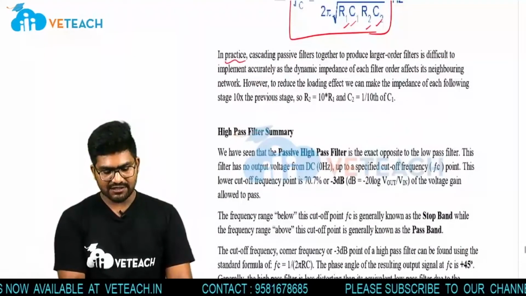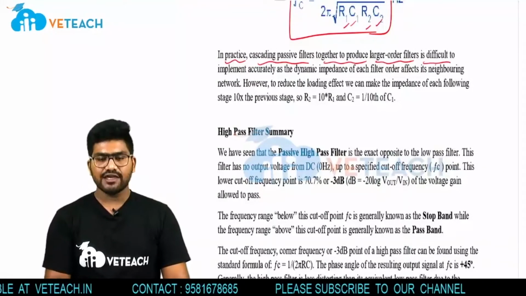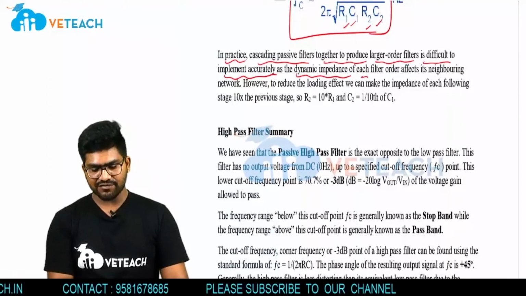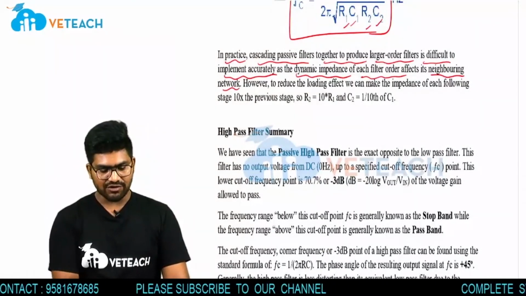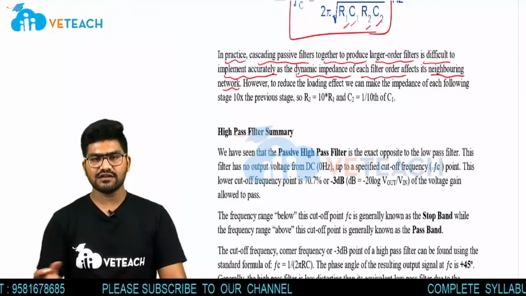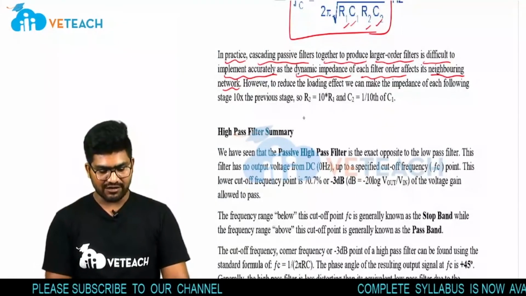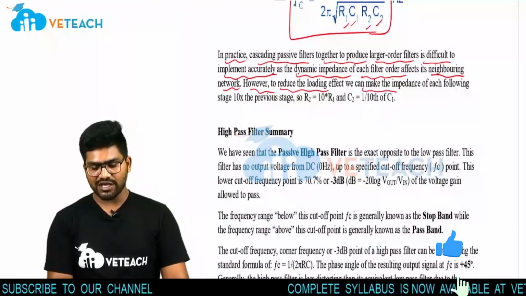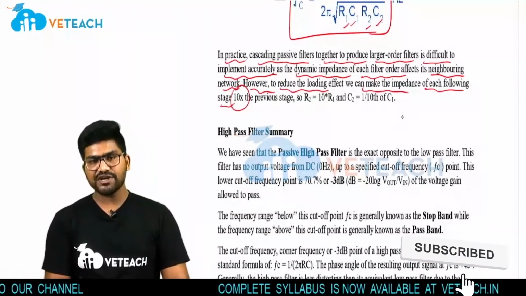In practice, cascading passive filters together to produce a larger order filter circuit is difficult to implement accurately, as the dynamic impedance of each filter order affects its neighboring network. If I add stage by stage in cascade, it will affect the neighboring network. However, to reduce the loading effect, we can make the impedance of each following stage 10 times larger.